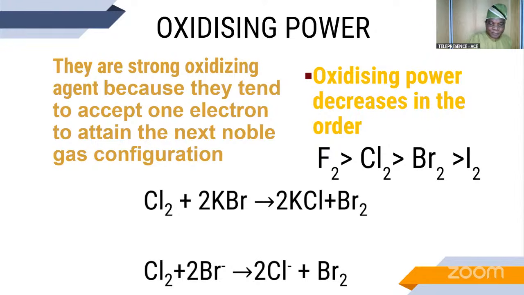And this is why you have Cl2 reacting with 2 KBr to give you 2 KCl plus Br2. So in this order, bromine will displace iodine from solution of hydrogen iodide or even sodium iodide, as the case may be.